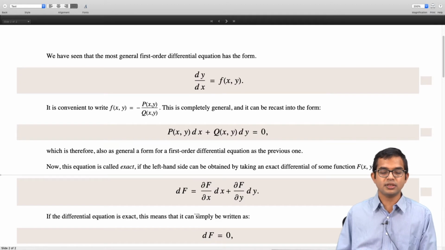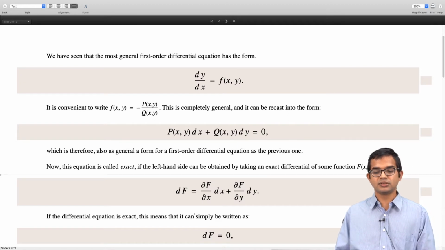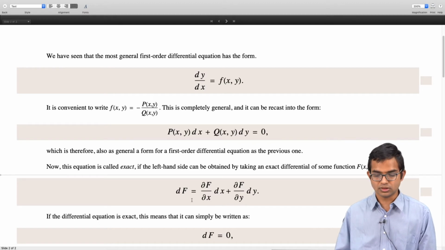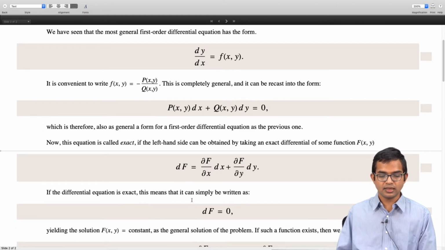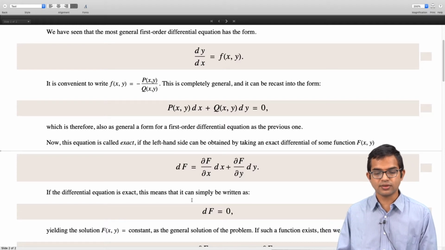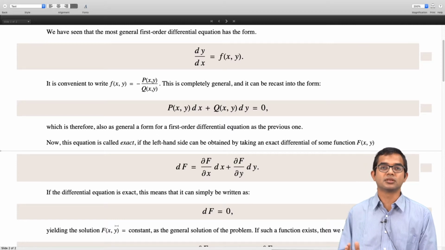If a differential equation is exact, this means that it can simply be written as df equal to 0. Now the left hand side is an exact differential, so immediately what it implies is f of x comma y equal to constant, right? Which is nothing but the solution for the problem itself.